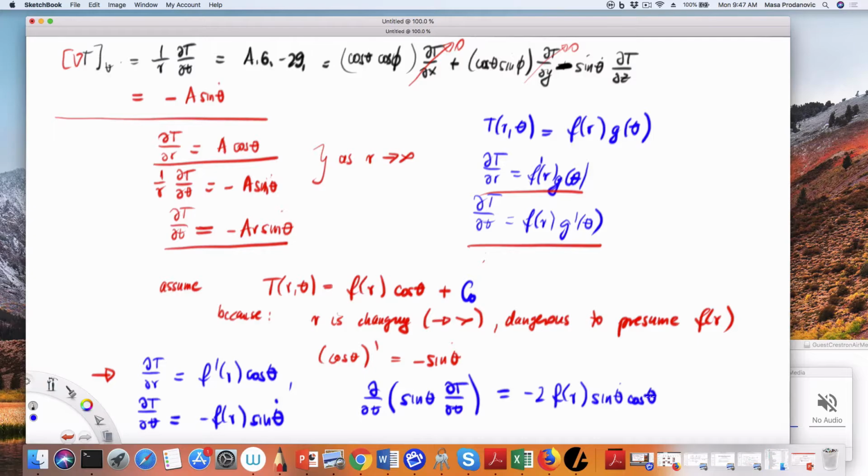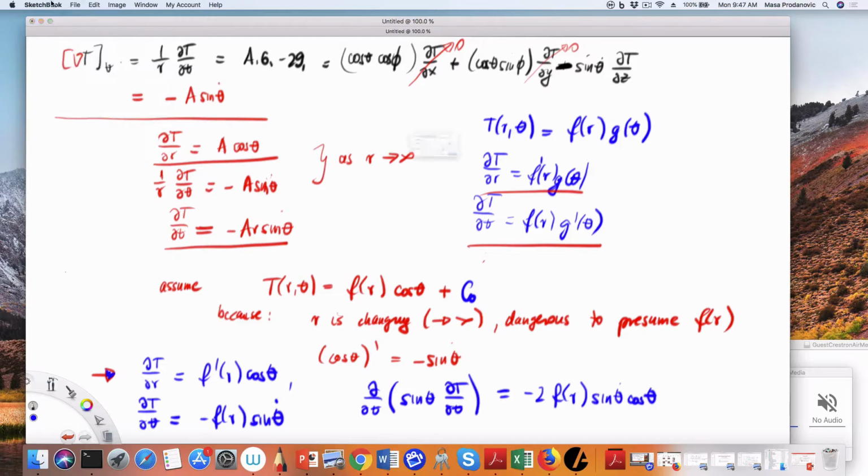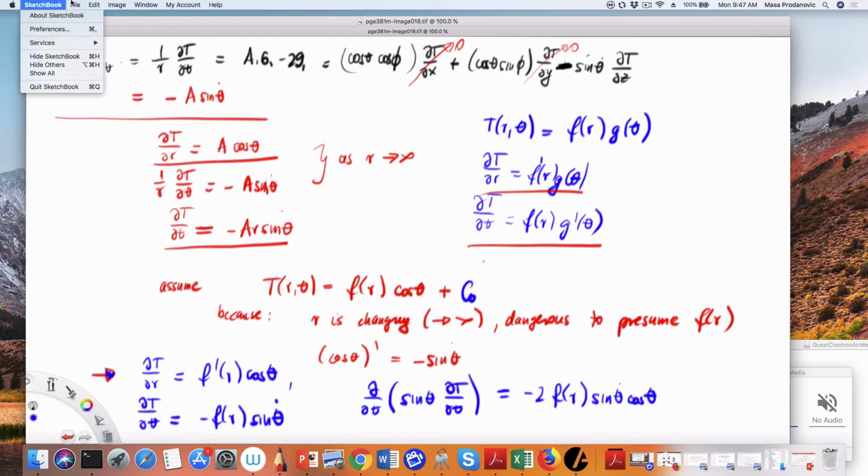So when I plug that into my initial equation, that's that starred equation where I had a Laplacian.